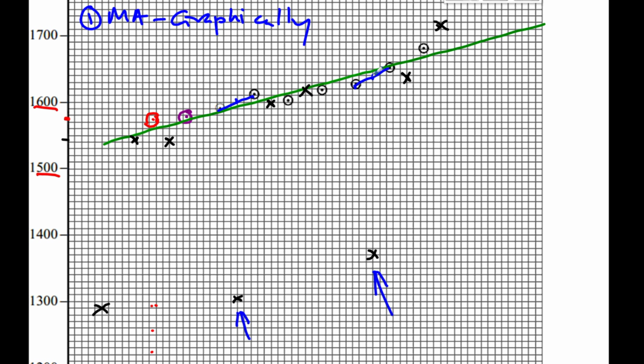And then what we would do, doing this graphically, is we're going to measure down the line to that point, and we're going to measure that distance. So in this case, from the crossing point to that top point, we would get approximately 290.